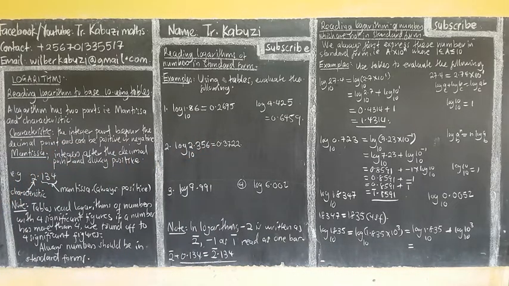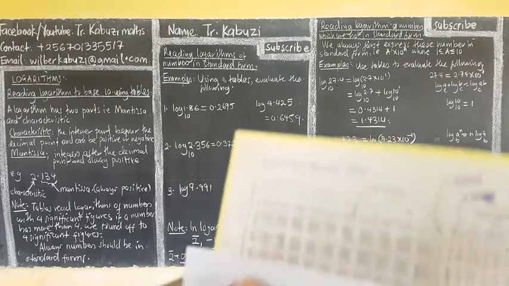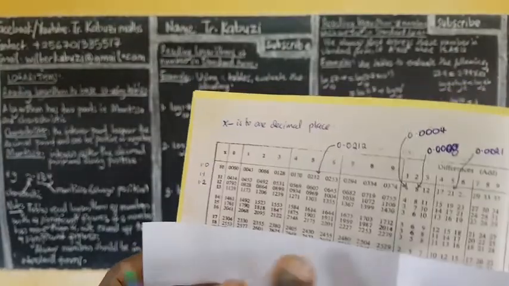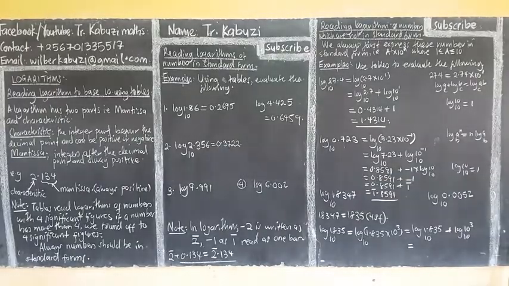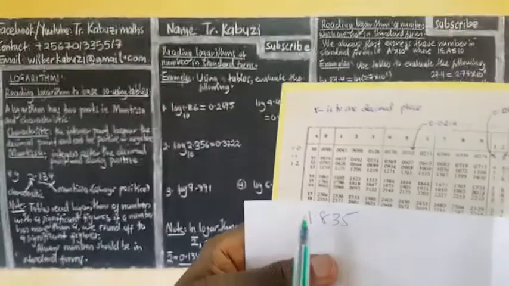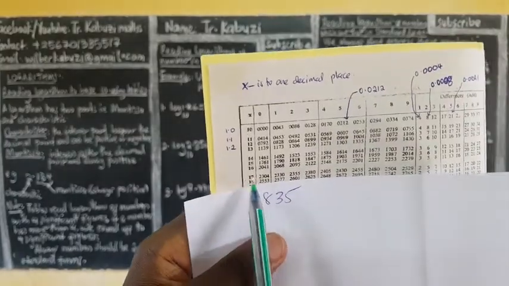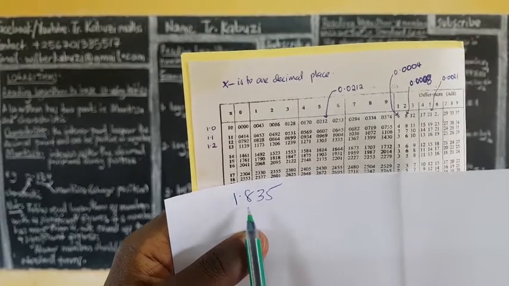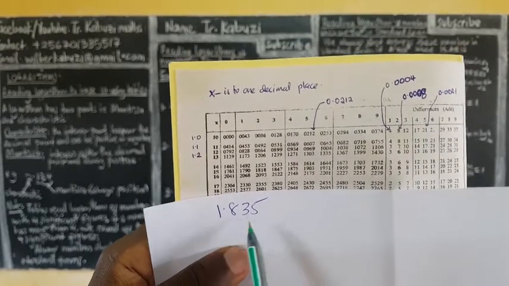So if I get my table and I show you the value we want there, as you see, this is the value here. We need first of all 1.8. So our 1.8 is here. The value we are reading is 1.835. So our 1.8 is here, as you see, under 3.